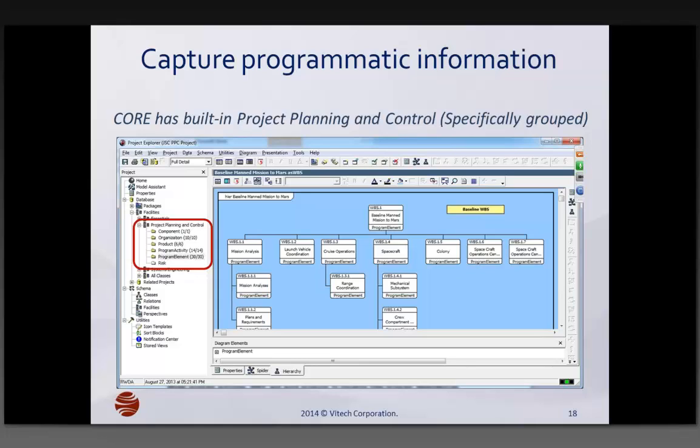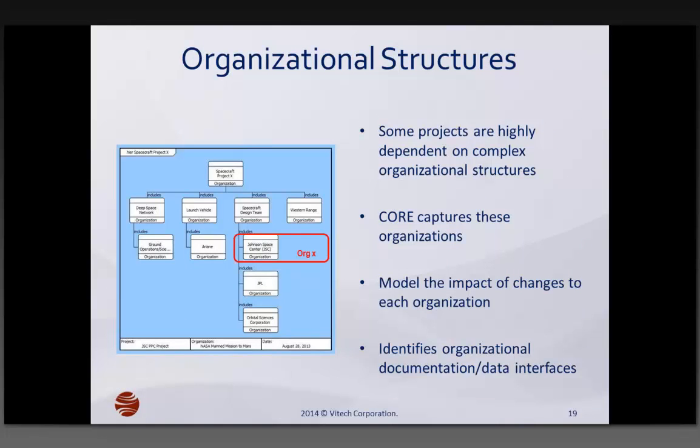The project workflow, since it's in that integrated environment that I showed you at the beginning of these slides, will allow you to relate to the design. So the first piece that I'm going to talk about is going to be the organizational structure. You can actually build org charts inside of Core and GENESYS. You can import them from other sources if you want to, but you can build them up.